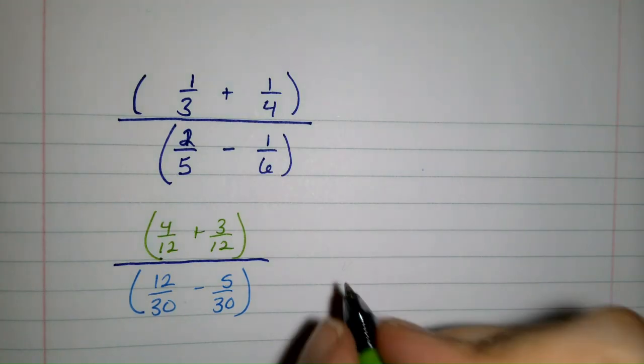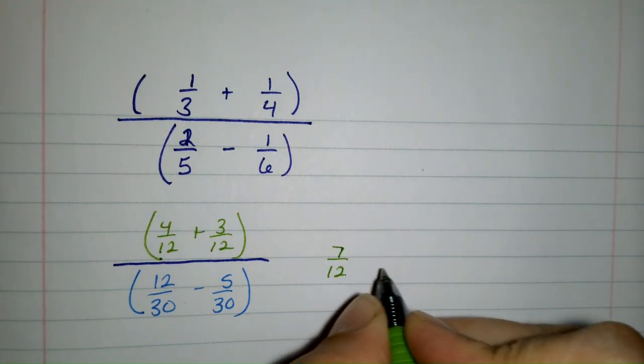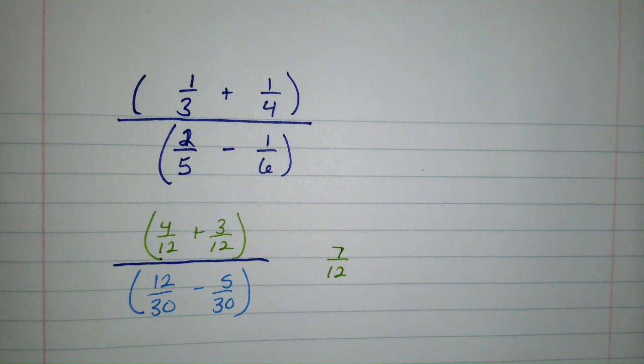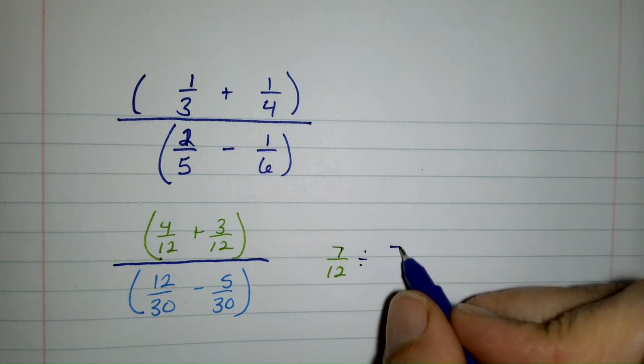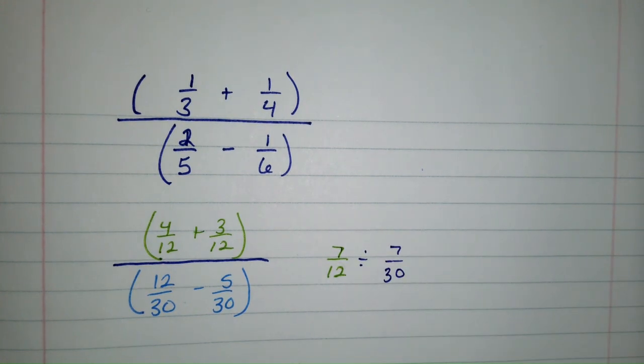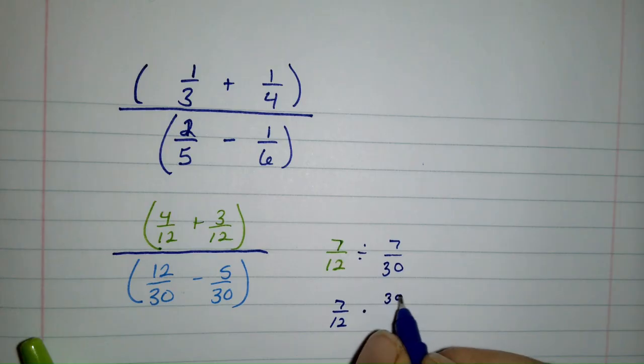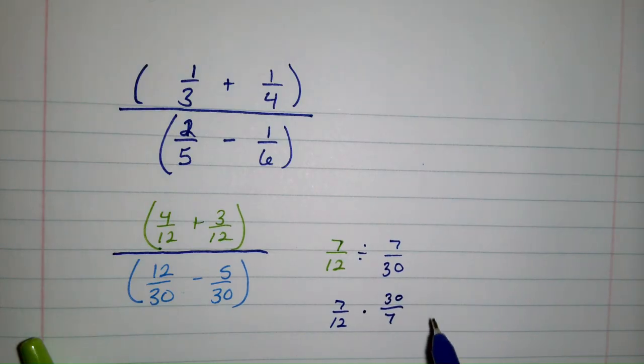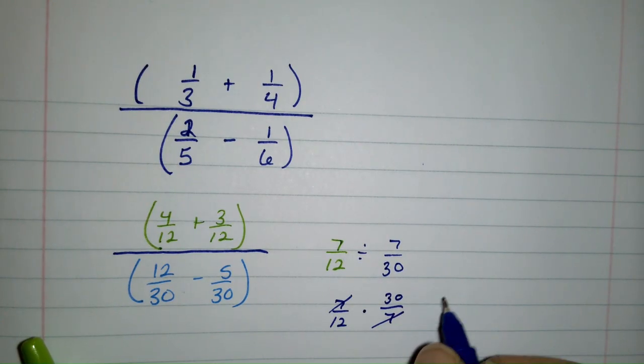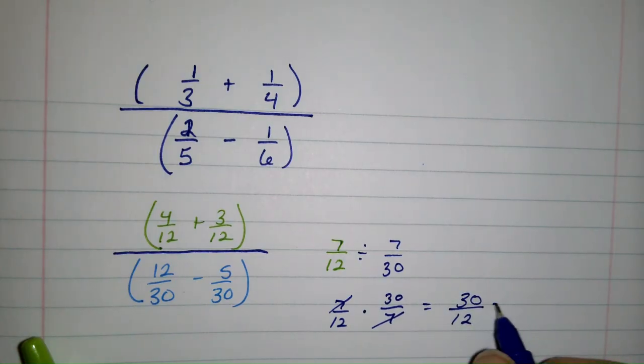Okay, then we'll have 7 12ths divided by 7 30ths. Okay, keep, switch, flip. 7 cancels 7, and I have 30 over 12. Then those both divide by 6, and I have 5 over 2.